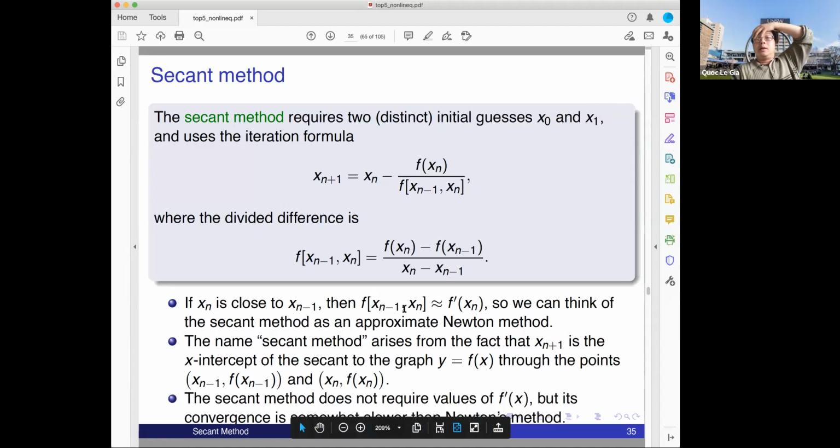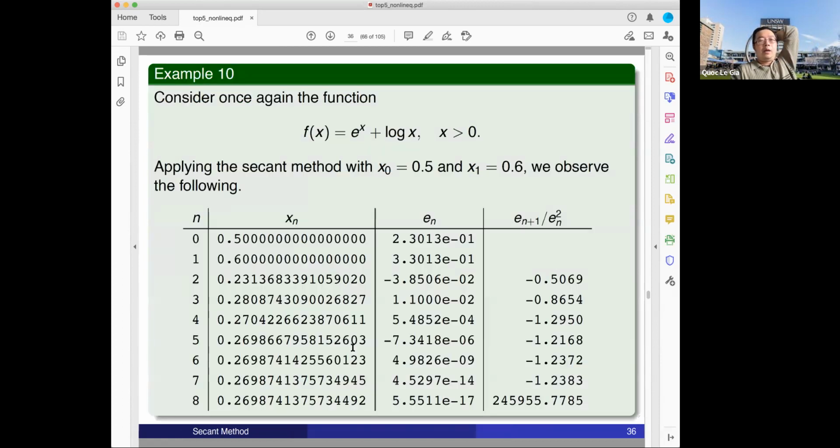The secant method doesn't require the value of f prime, but the convergence is a little bit slower than Newton method. It's still faster than fixed point iteration and faster than bisection, but somewhat slower than Newton method. So there's a trade-off. For example, suppose we consider this equation again, f is e to the x plus logarithm x.